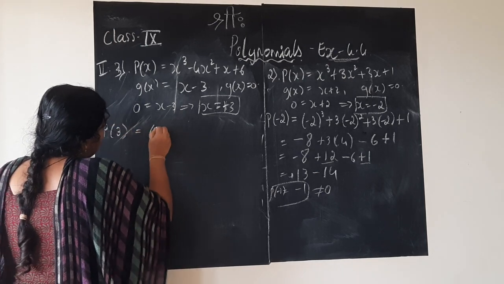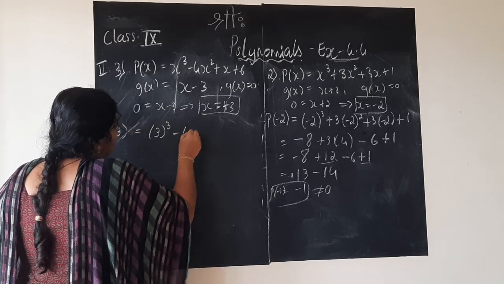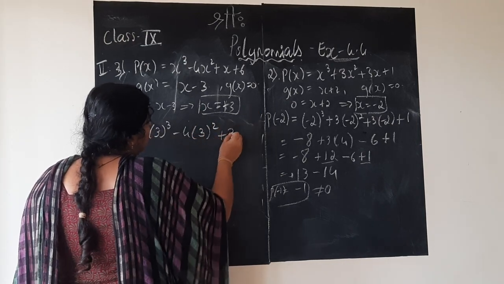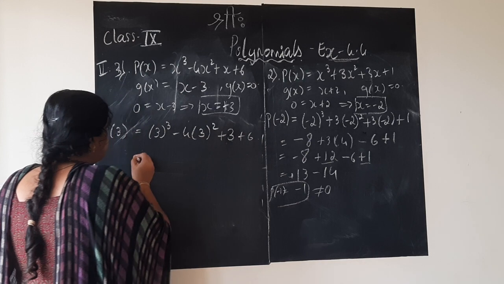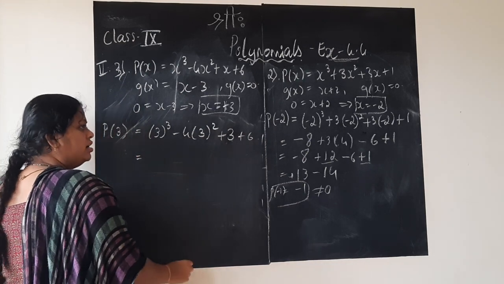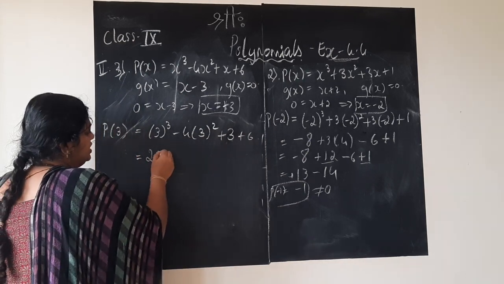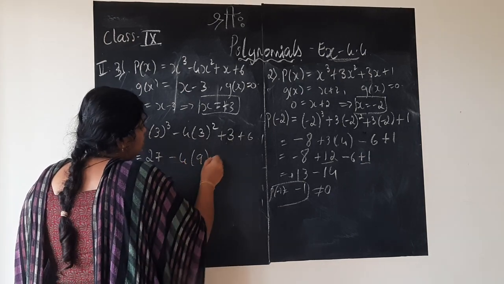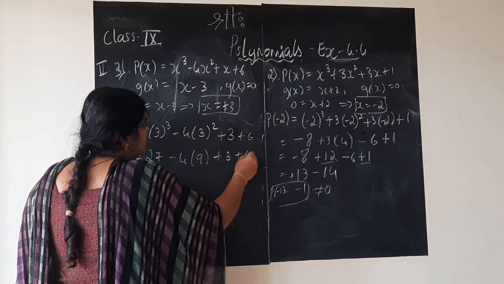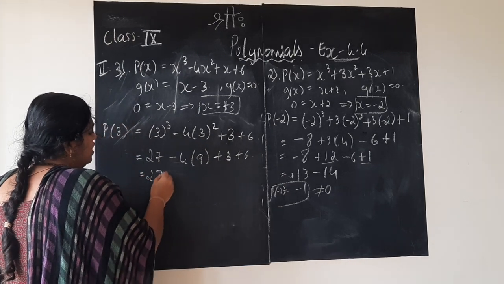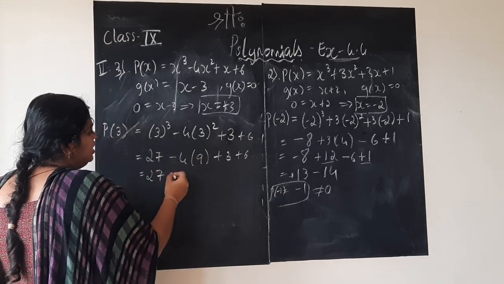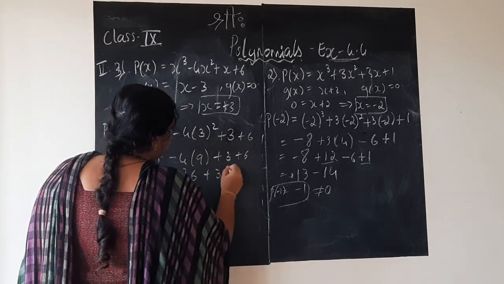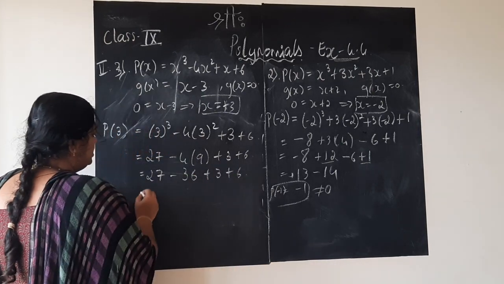So P of 3 is 3 cube minus 4 into 3 square plus 3 plus 6. So how much is 3 cube? 27. 3 3s are 9, 9 3s are 27. Minus 4 into 3 square is 9, plus 3 as it is, plus 6 as it is. So 27 as it is, minus 9 4s are 36, plus 3 plus 6, as it is.